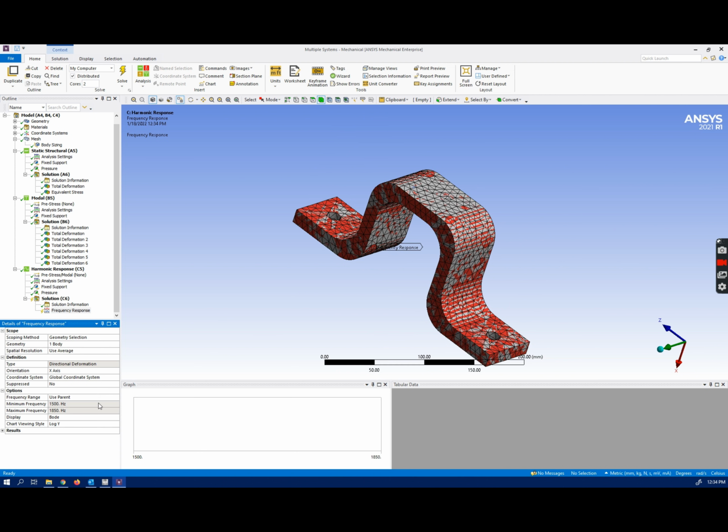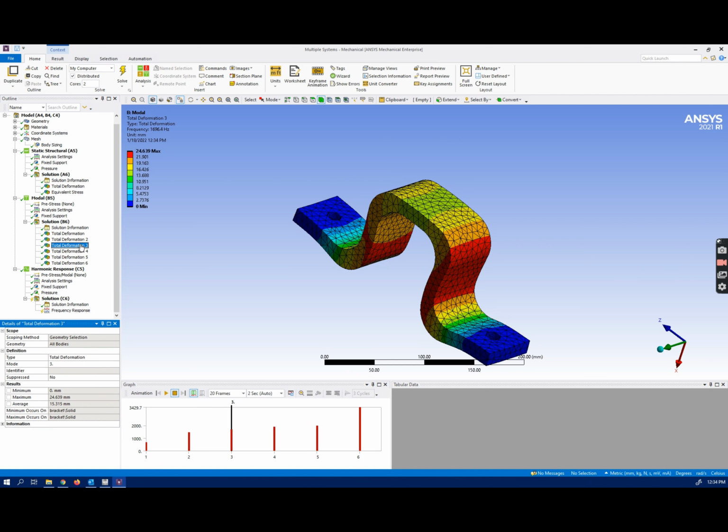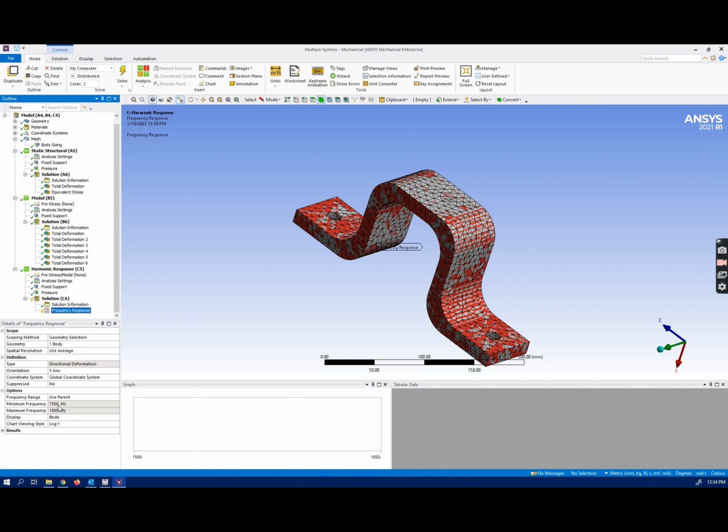So this is the X direction, which is the area we are interested in, and the natural frequency was happening between these two frequencies. What was the value? It was 1696, which is between these two values, so we can get some results and see what type of deformation we have. Let's solve it.